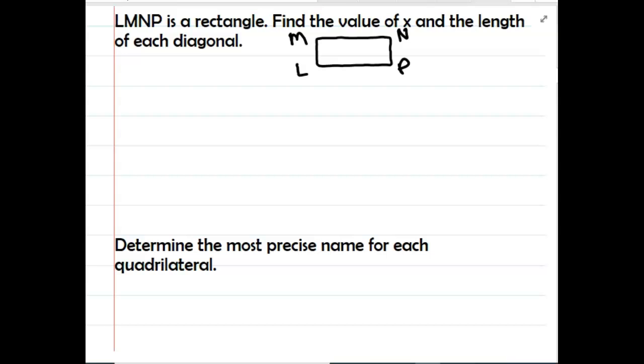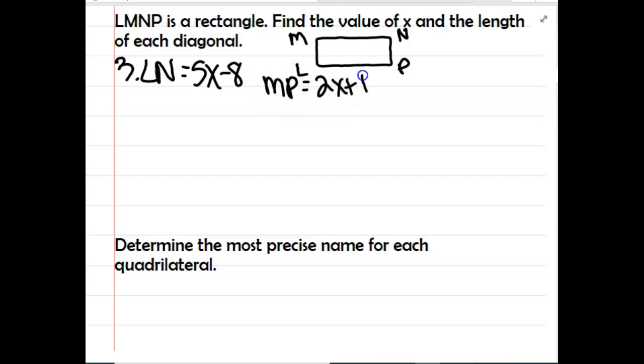That makes a difference because when they give us the information on number 3, they're going to tell me that LN is 5x minus 8 and MP is 2x plus 1. So it makes a difference because if you label your rectangle this way, LN is the diagonal. If you were to label it the other way, it would give you a side, which is not what they're intending to do. And MP is going to be the other diagonal.